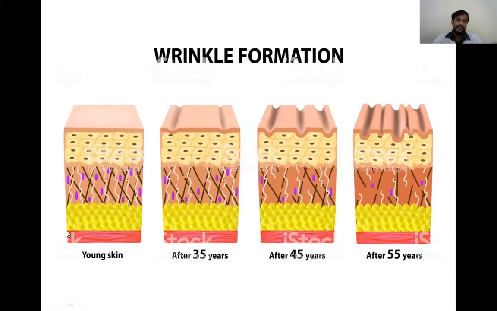So we know there are no wrinkles in the young age, and as the age progresses, there will be formation of wrinkles and loss of skin tone. Why this occurs is due to the loss of collagen and elastin. As the age progresses, there will be loss of elastin and collagen, which leads to wrinkle formation and loss of skin tone.